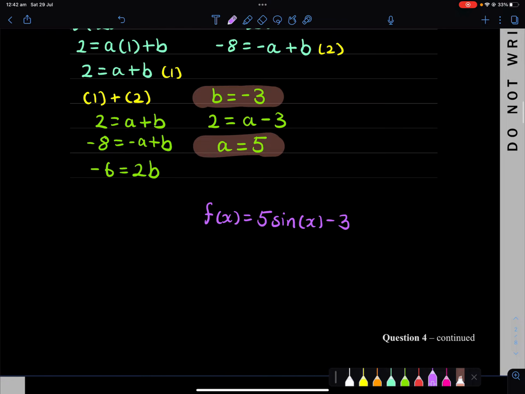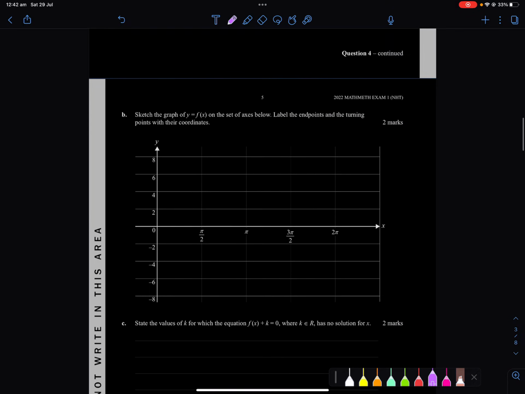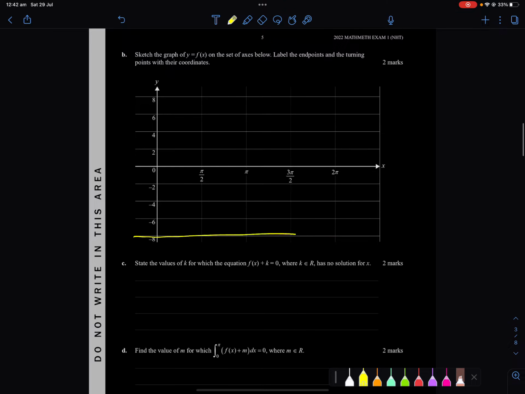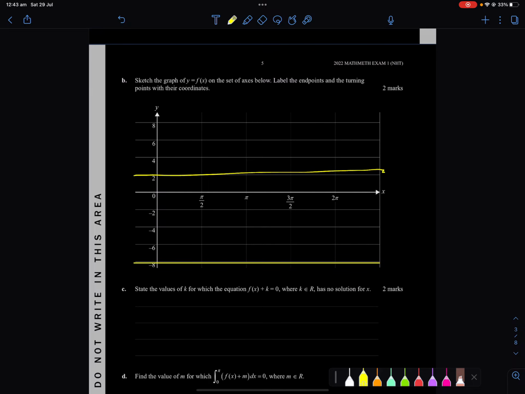Now, the range is from negative 3 minus 5 to negative 3 plus 5, so that will be negative 8 and 2. This is your range. Because I know my range, I'm going to sketch lines from negative 8 to 2. We only want from 0 to 2 pi, so to here, and 2, which is over here.